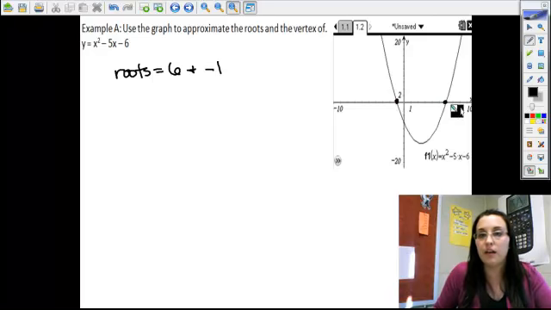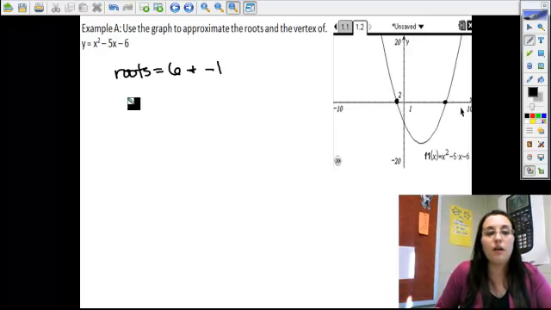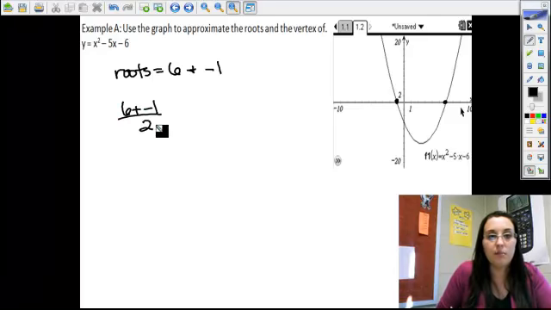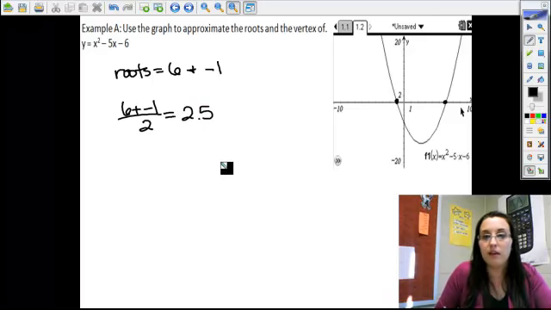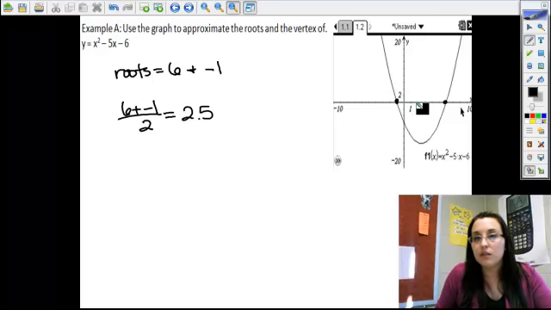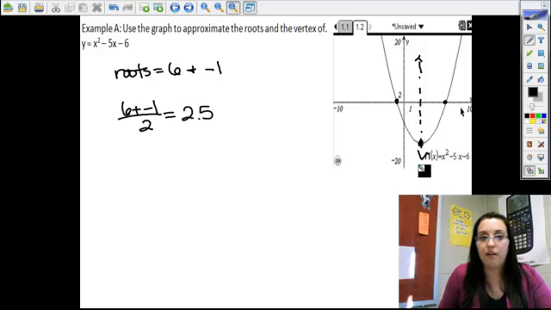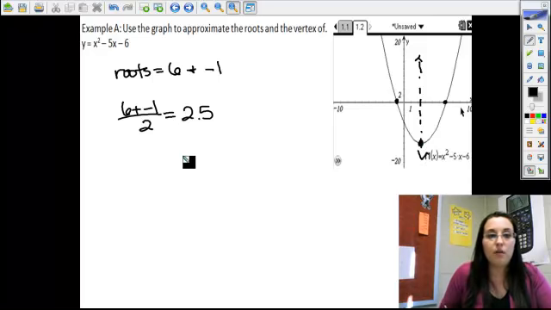So I want to average those to find the middle. 6 plus negative 1 divided by 2 would give me 2.5, right in the middle there. Let's just make sure 2.5 would be right in the middle. It's 3.5 away from this one, 3.5 away from this one. So 2.5 is my line of symmetry, which means my vertex is going to be right at 2.5 for my x. So the x value of my vertex is 2.5.